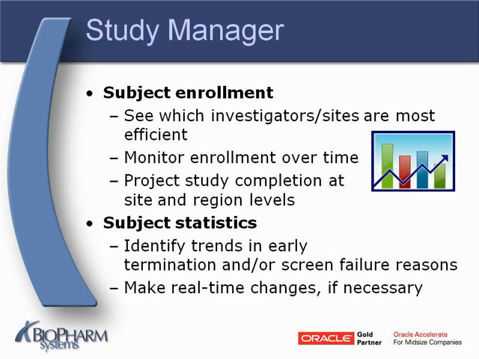So if there's a high number of screen failures on a particular study, then maybe the inclusion-exclusion criteria needs to be modified. Maybe we need to do an amendment to reflect that. So you can actually make real-time changes, if necessary, as you identify how you need to shape your protocol based on this information that you're getting from subject enrollment and statistics.